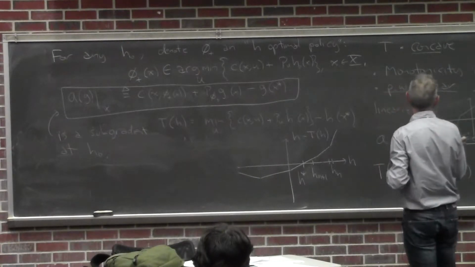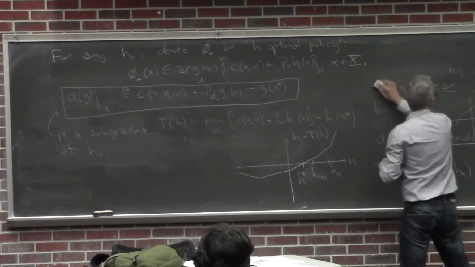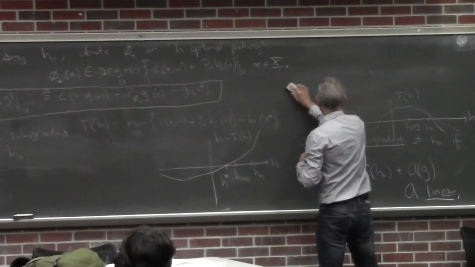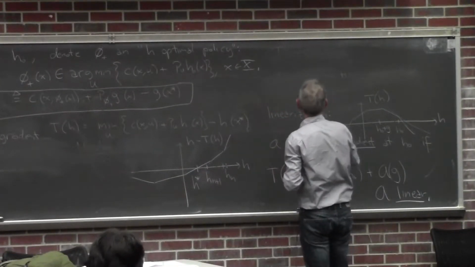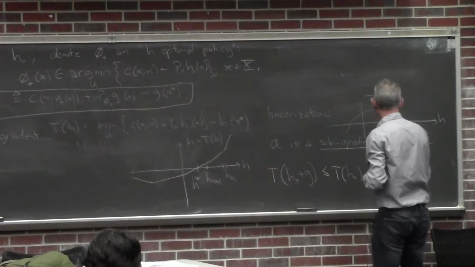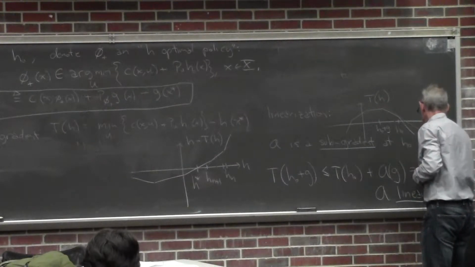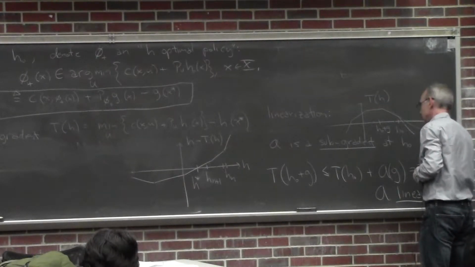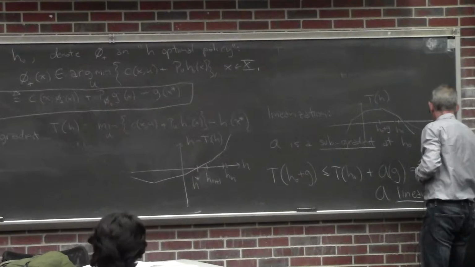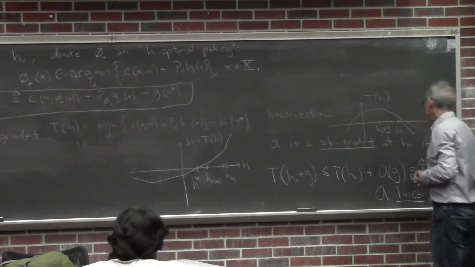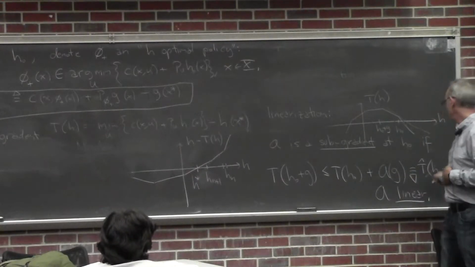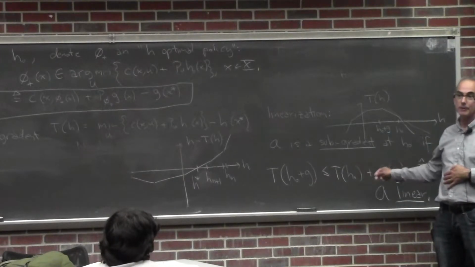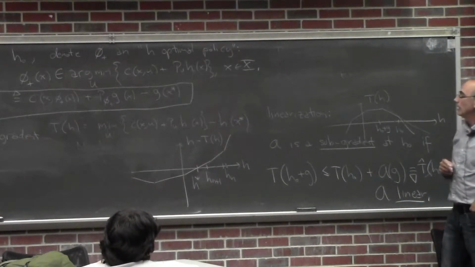I'll remind you what it means. So Newton-Raphson, we have, this is what we define to be T hat. And this is where somebody asked me about upside down triangles. This is the linear approximation to T.